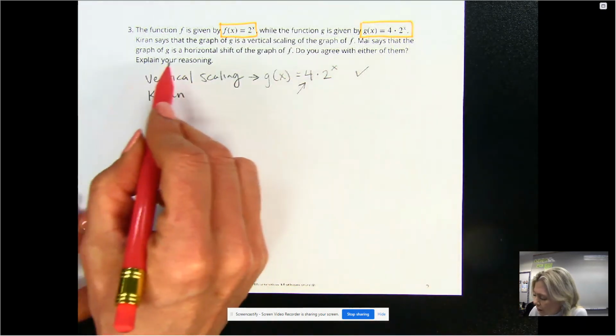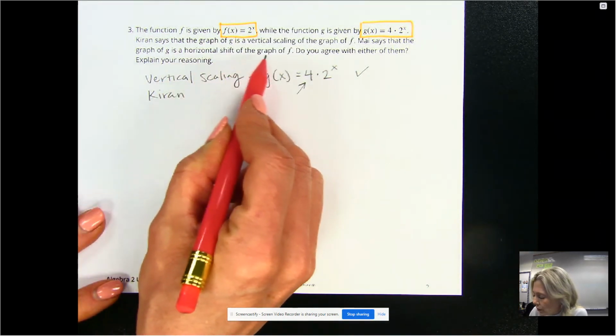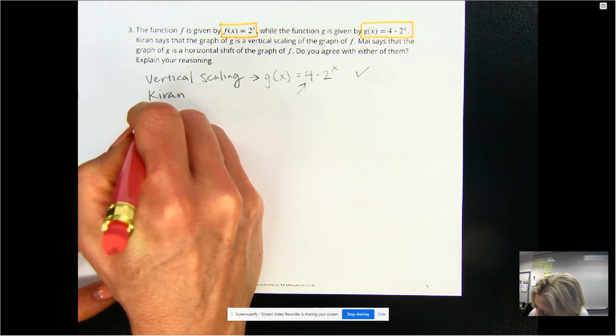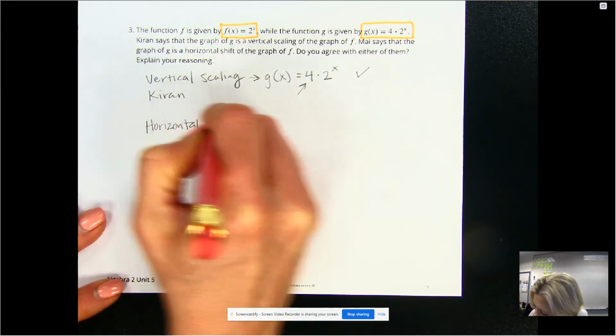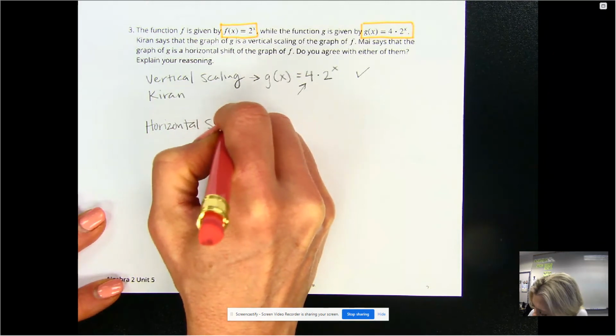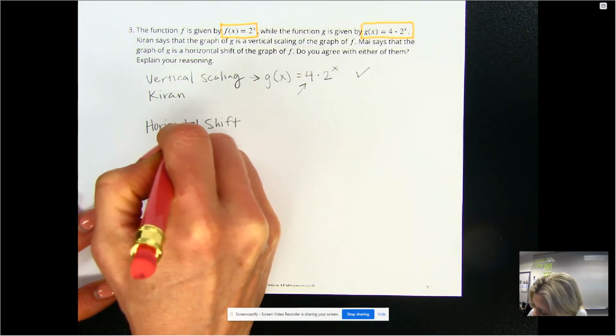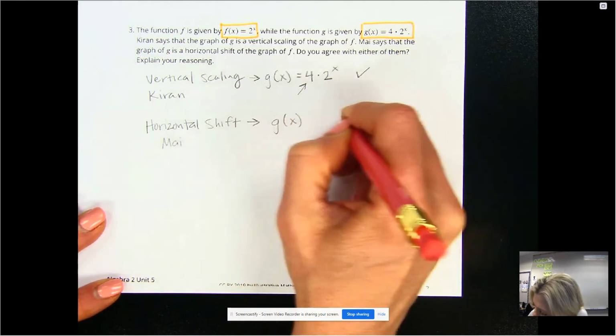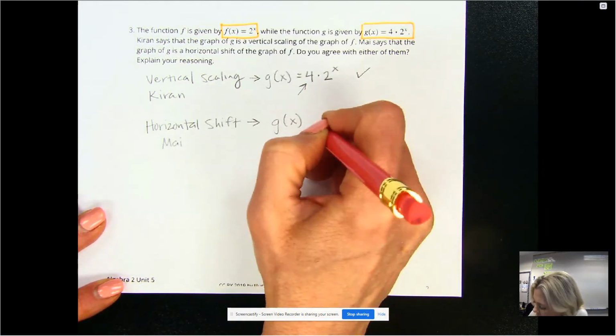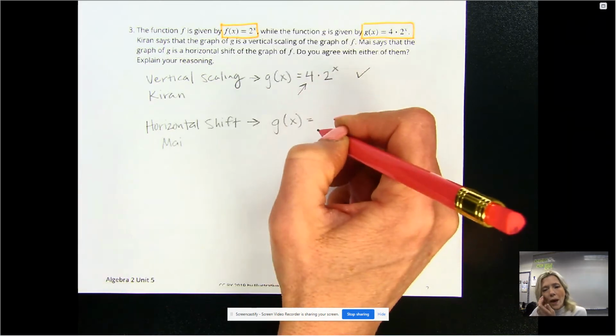So let's see here. Mai says the graph is a horizontal shift of the graph of f. So could this be a horizontal shift? And this is Mai's idea. If we think about this 4 times 2 to the x, well, 4 is a power of 2.